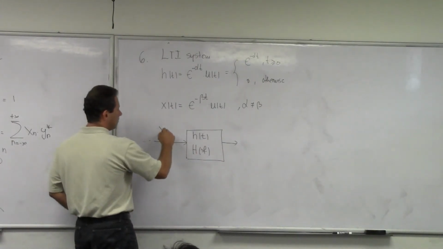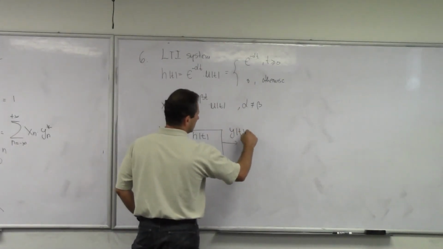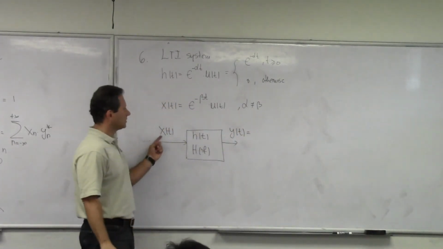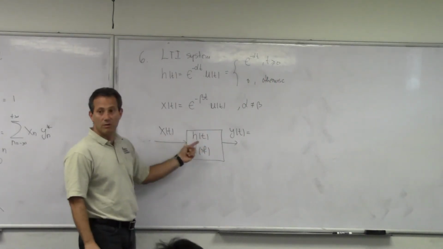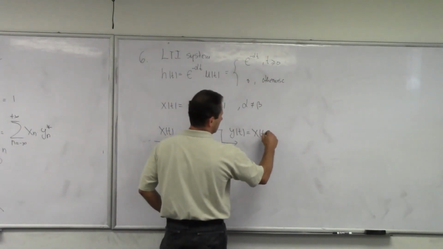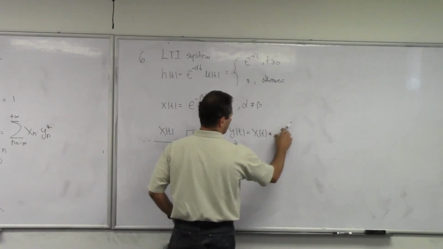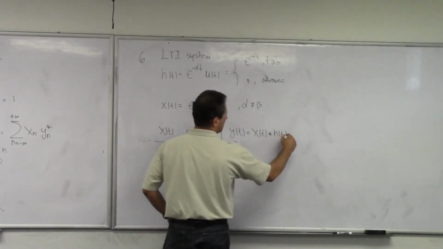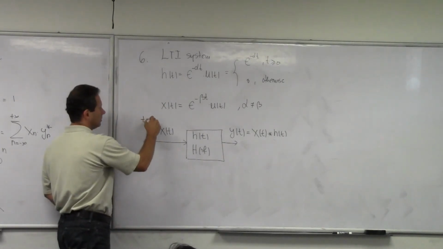If I put in signal x of t, I'm going to get a signal y of t. What do I know about the relationship of x of t and y of t? Y of t can be determined as x of t convolved with h of t, right? And that's a time domain analysis. So this is our time domain.